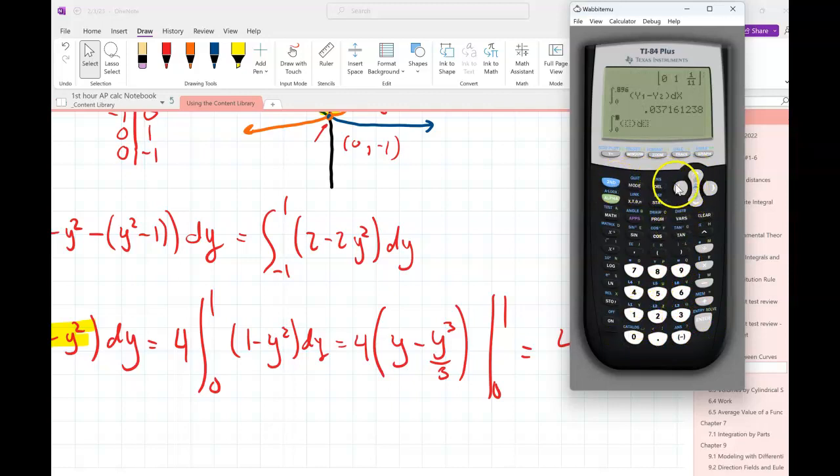Let me sneak that in there. And I'm not going to bother typing this in. I'm just going to do like 1 minus x squared dx. And we notice that that is, if I turn that into a fraction, 8/3.